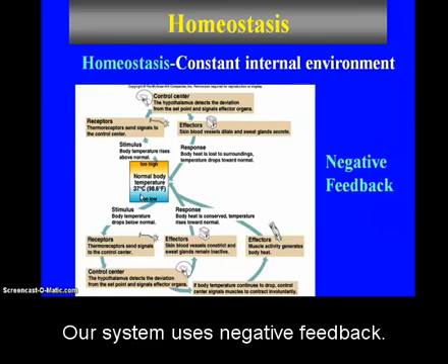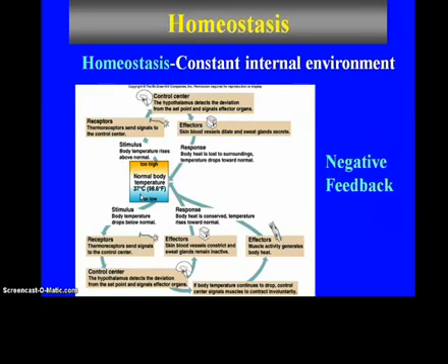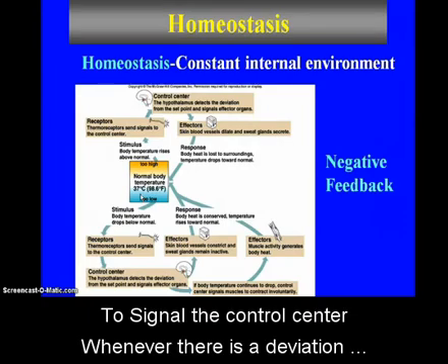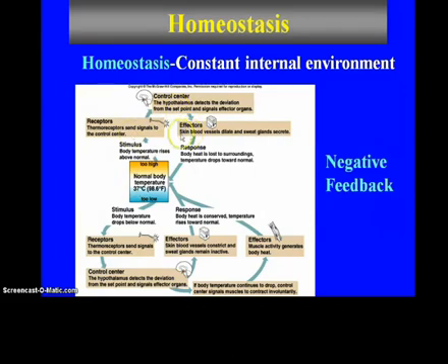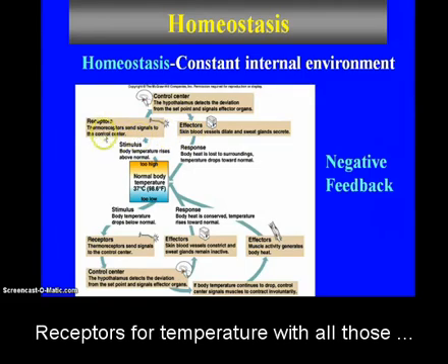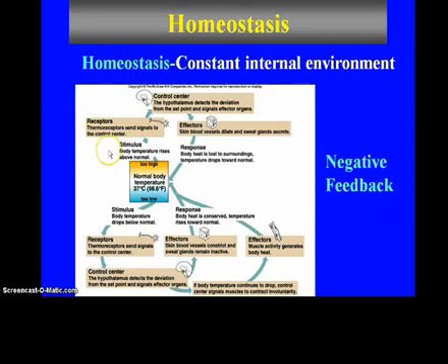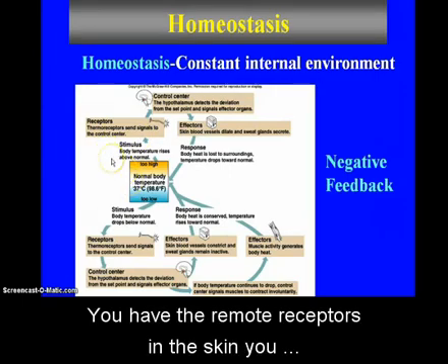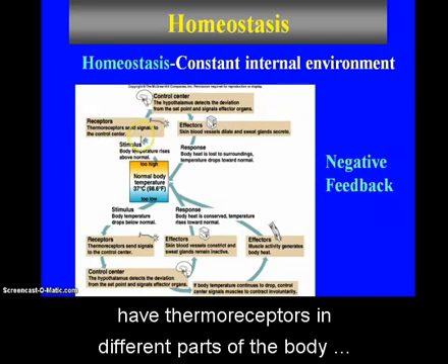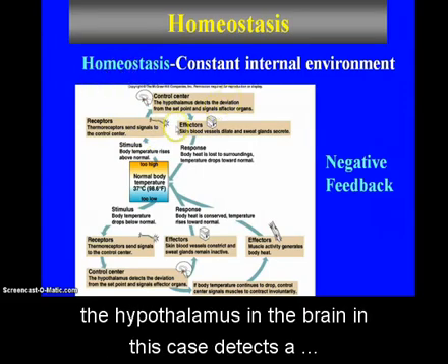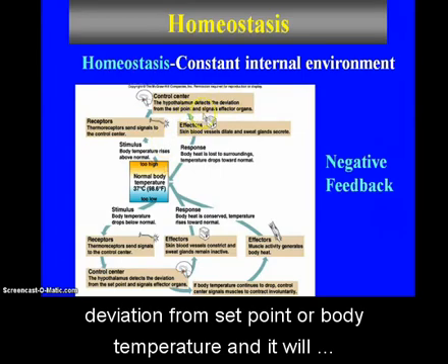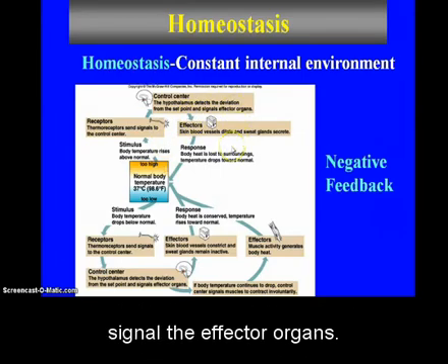Our system uses negative feedback to signal the control center whenever there is a deviation. There are receptors, then you have the control center, and then effectors. Receptors for temperature, we call those thermoreceptors. You have thermoreceptors in the skin and in different parts of the body. These thermoreceptors will signal the control center, the hypothalamus in the brain in this case, which detects a deviation from the set point of our body temperature, and it will signal the effector organs.